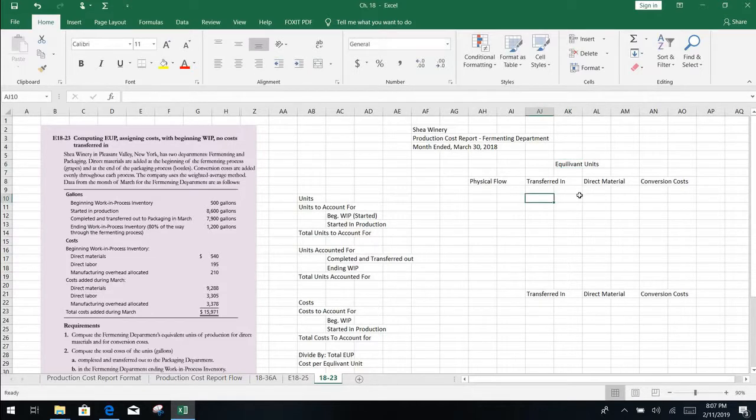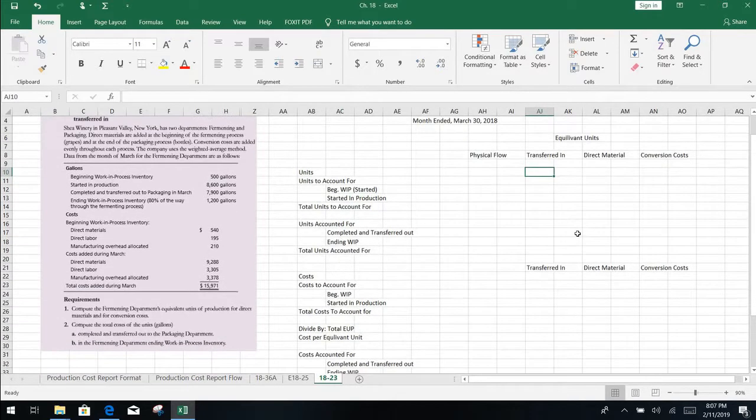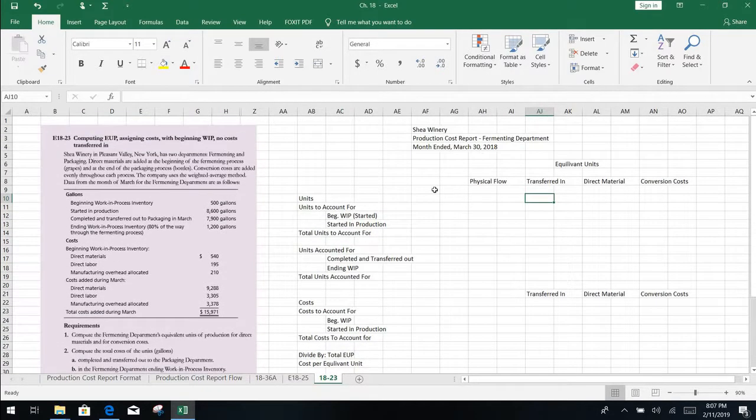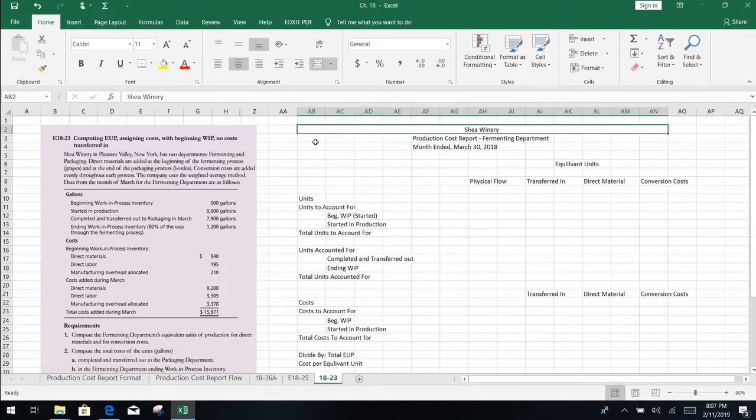Okay, so now that we have the format looking pretty good, let's go ahead and do a little bit more tidying up. This is bold and it's centered, so let's go ahead and merge and center our title.